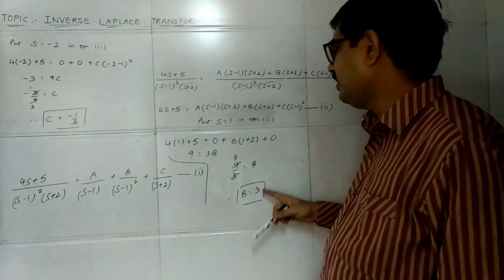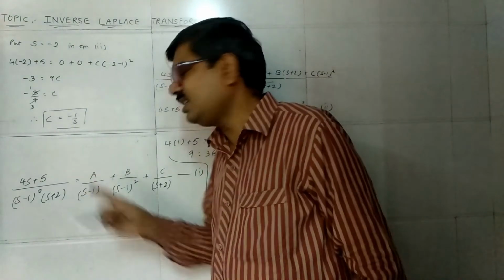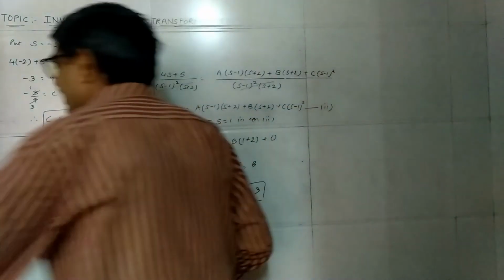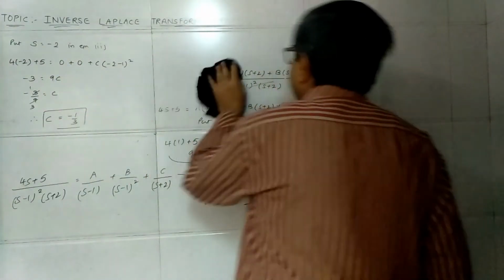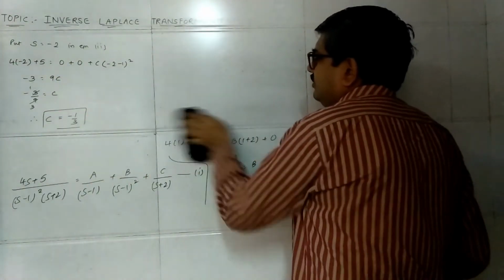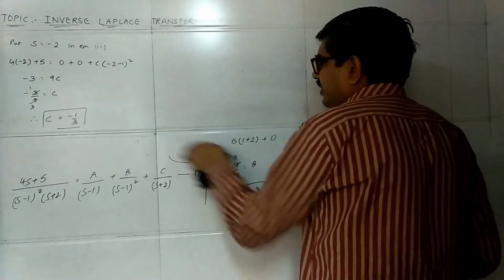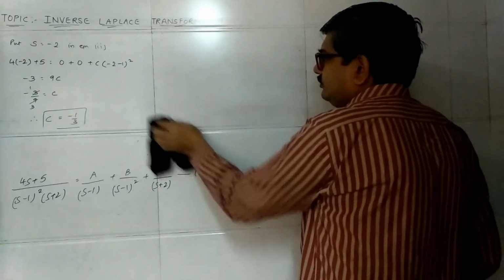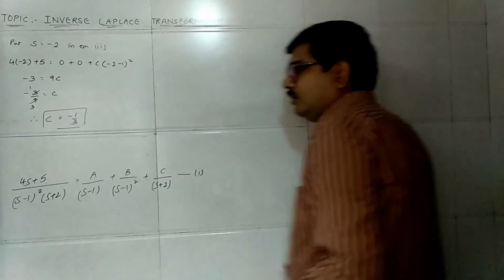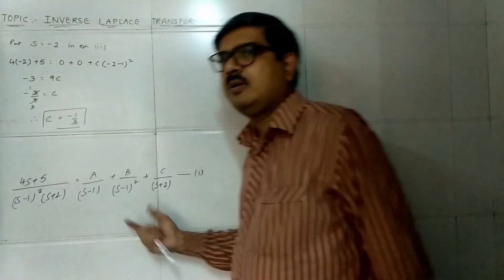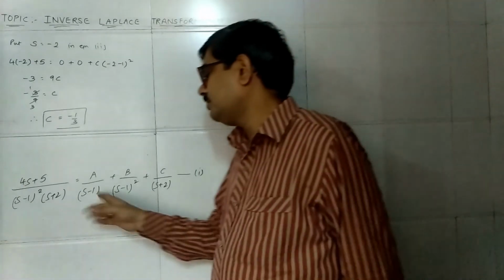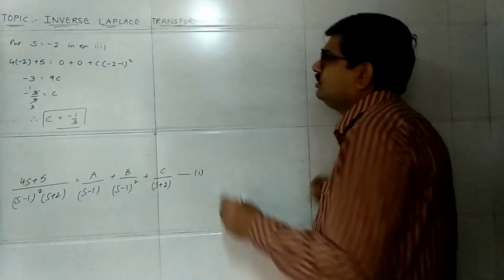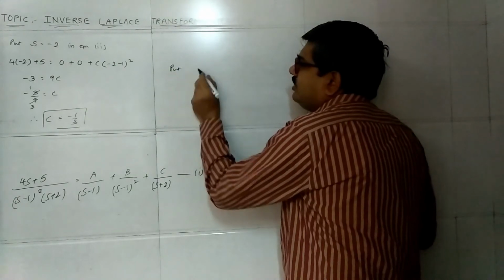Then we already got b and c values. A is remaining. So for a again we will put the value of s. Let us take now value of s as, since always we take the value of s from equation 1, but since we already substituted s equal to plus 1 and minus 2, now we will put s is equal to 0.